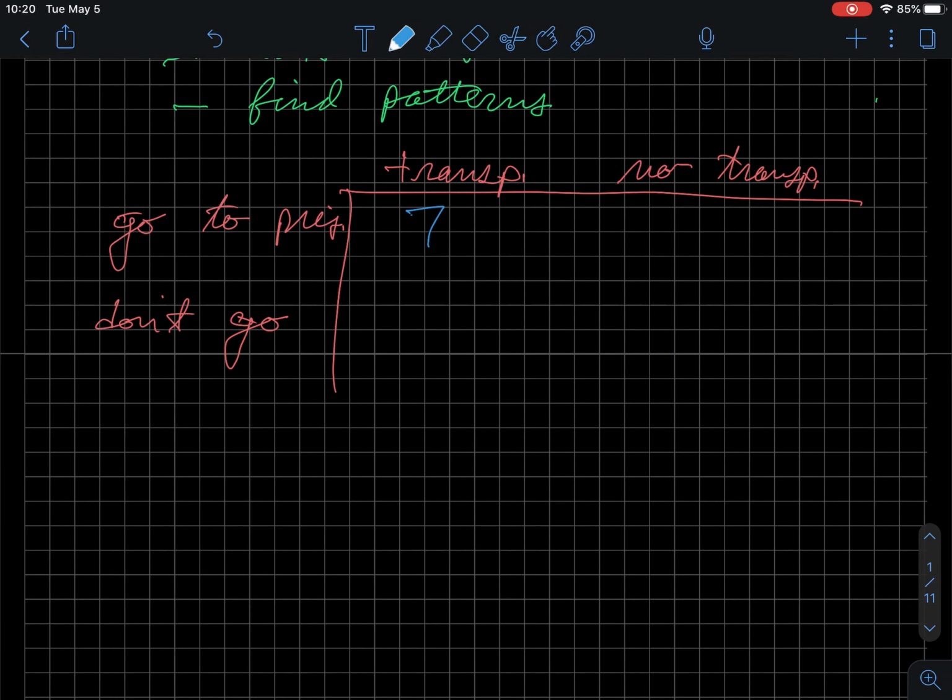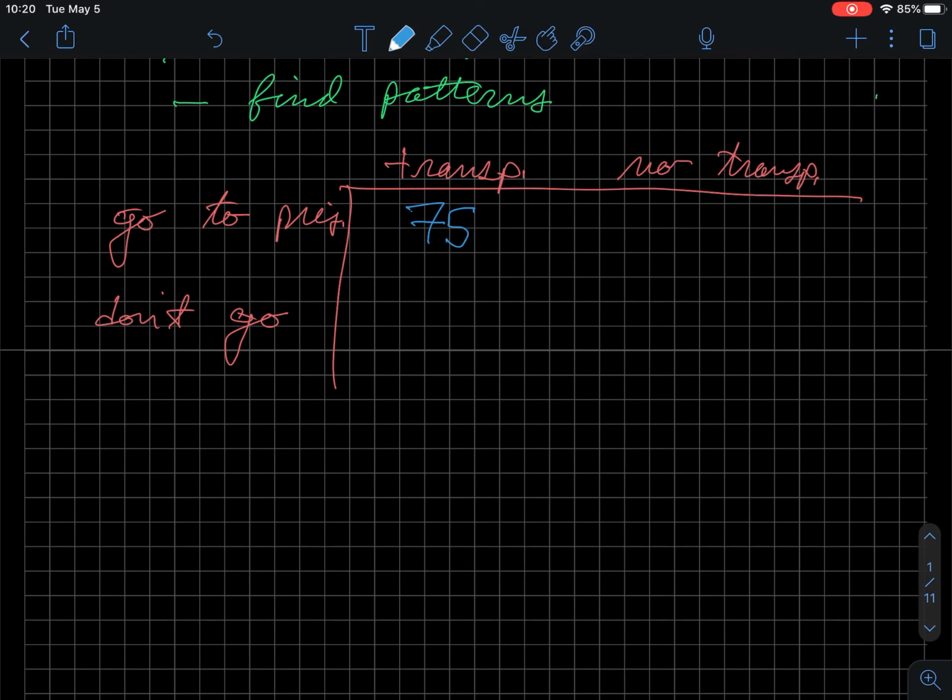Let's say that 75 people go back to prison and they get transportation, and don't go is 125.